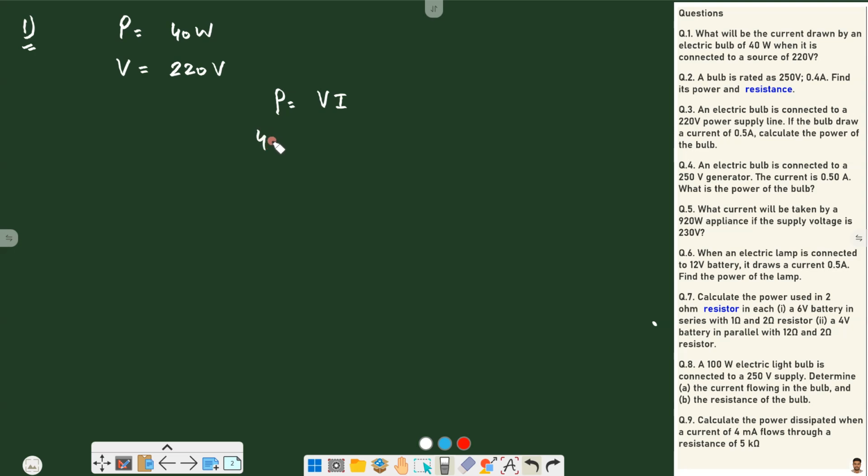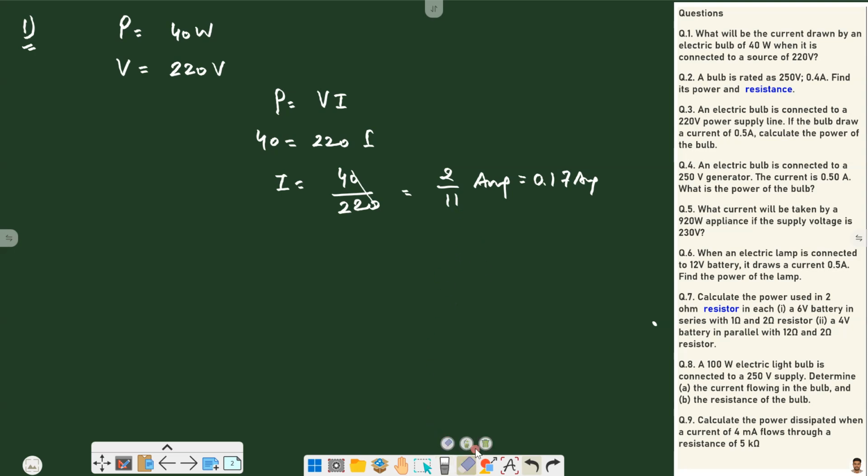So P is 40, V is 220, and here is I. We get I equal to 40 by 220, so it is 2 by 11 ampere. You can calculate the ratio also; it will be 0.17 ampere something.